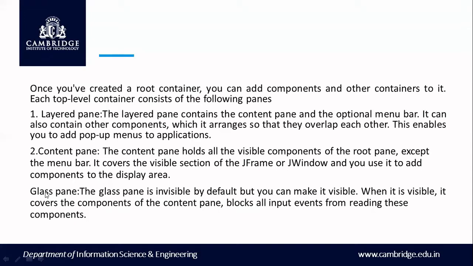In the layered pane, there are two things, the content pane and the menu bar. The content pane will contain all the visible components, whichever has to be visible to the user. If you don't want it to be visible, you can put it inside the glass pane. Even the components present in the glass pane can be made visible to the user if you want, but it will block all the input events from reaching the components.